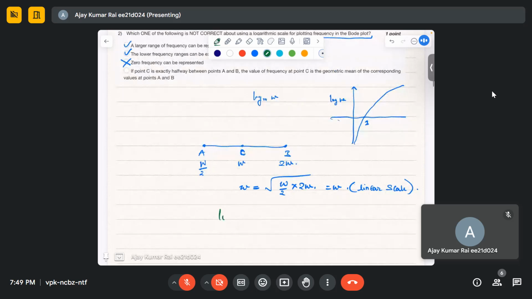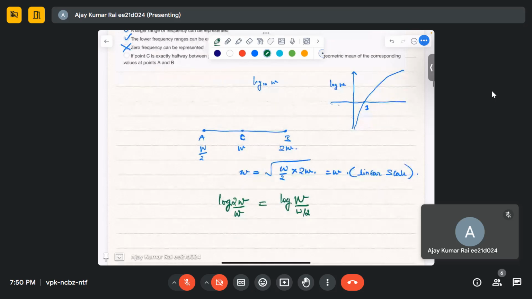So let me take the log of 2 omega. So we know the ratios are equal. So these are the ratios. I'll check with this.